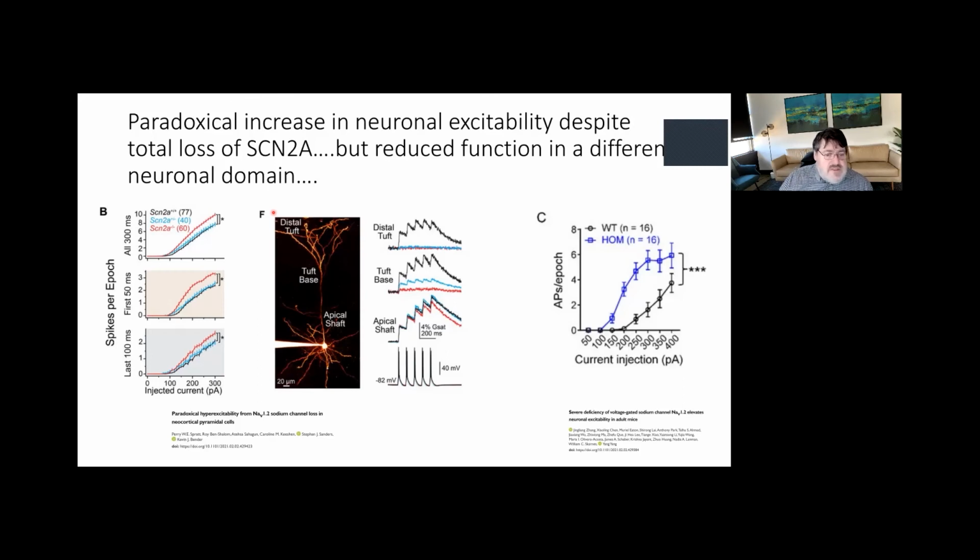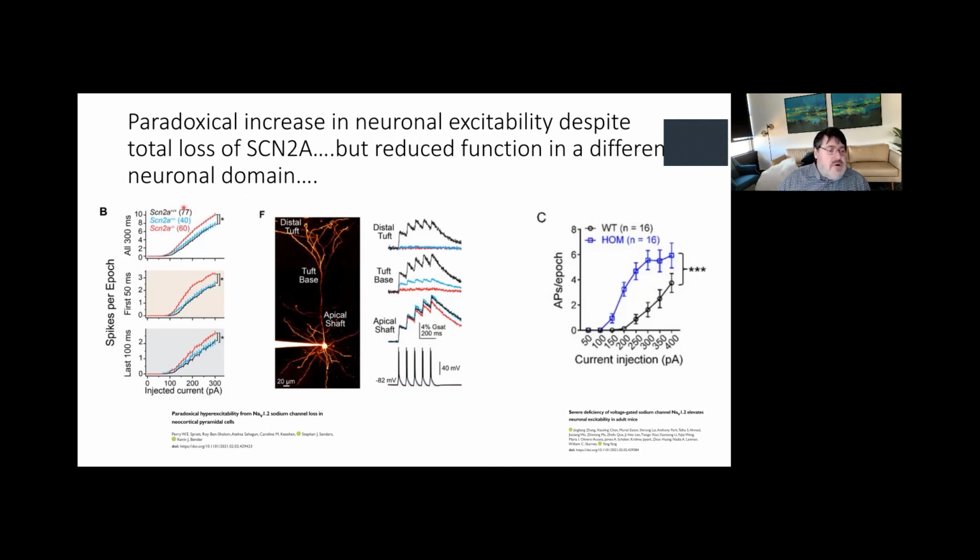And the studies, and this sort of summarizes that data. What we're calling it is a paradoxical increase. We didn't anticipate that removal of an excitatory element would cause an increase in neuronal excitability. This was a study that's recently been published by the group led by Kevin Bender. What they did, they studied 3 groups of mice.